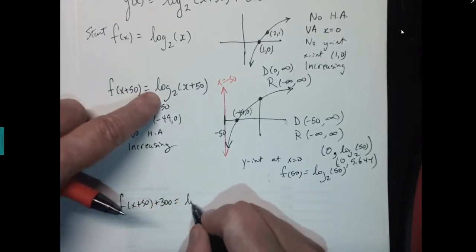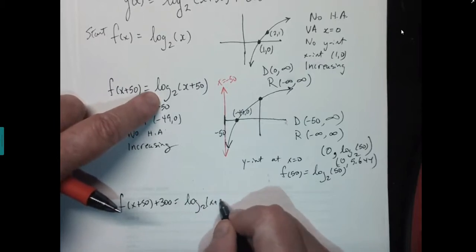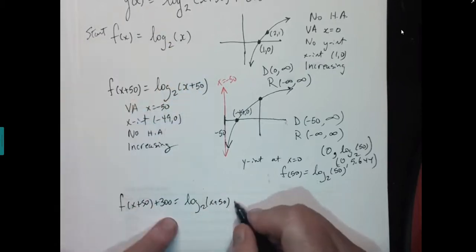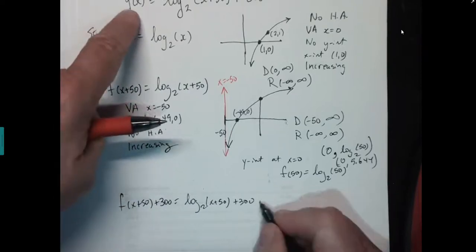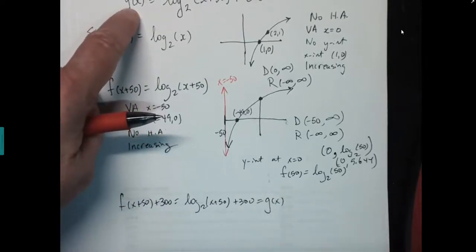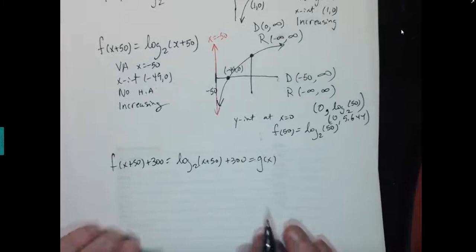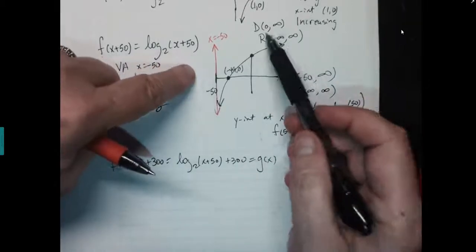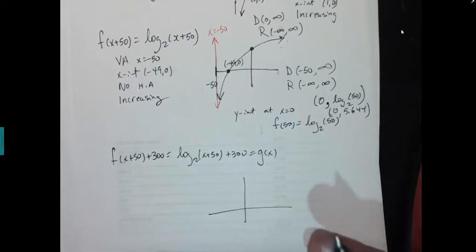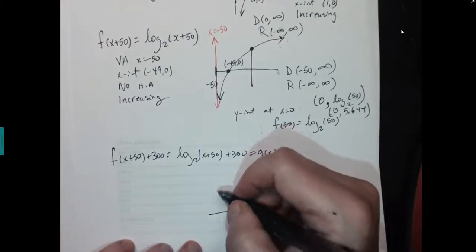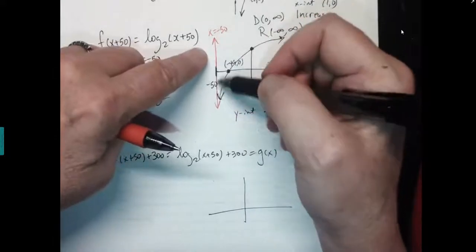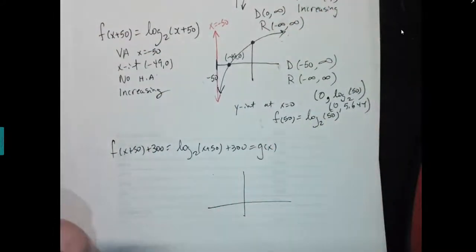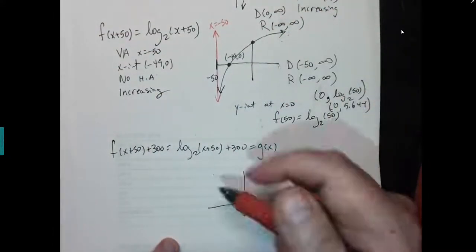So I'm going to have this, plus 300, and that gives me my formula for G. What does the graph of this look like? It looks like this, shifted up 300 units. My vertical asymptote is still the same, x equals negative 50.